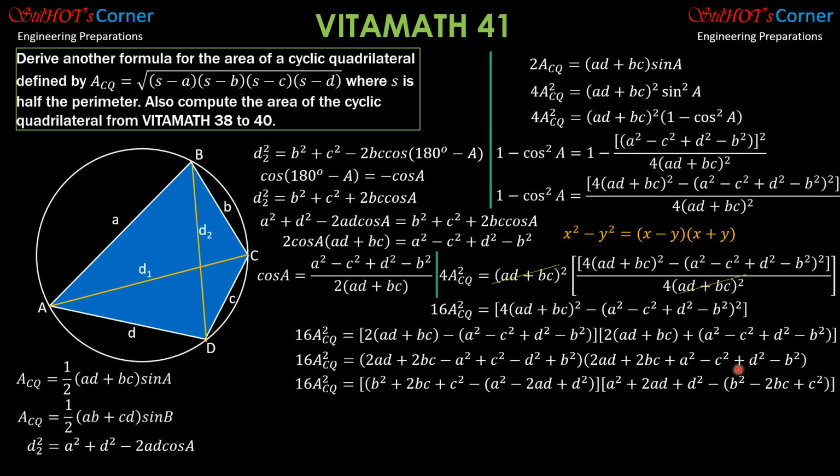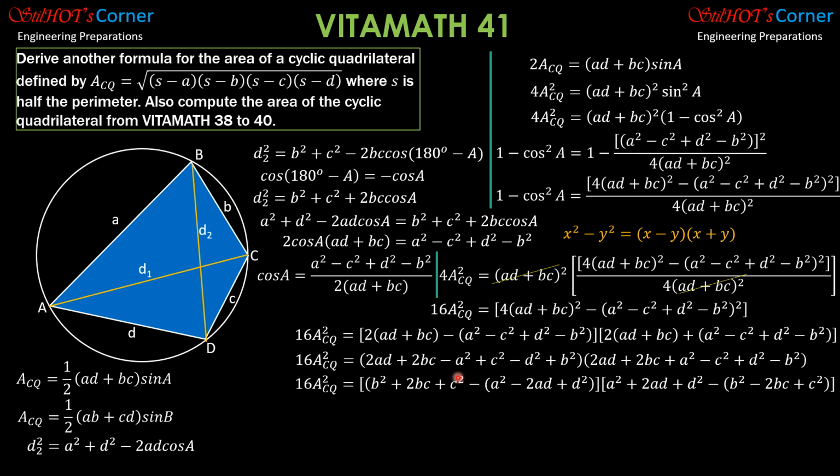Then for the second factor, we first write A squared plus 2AD plus D squared, then minus group the following, B squared minus 2BC plus C squared.